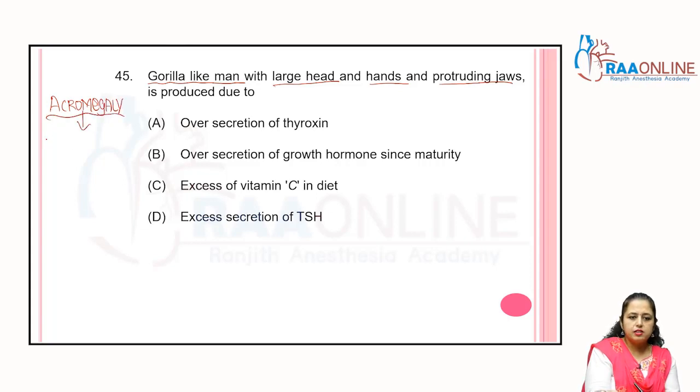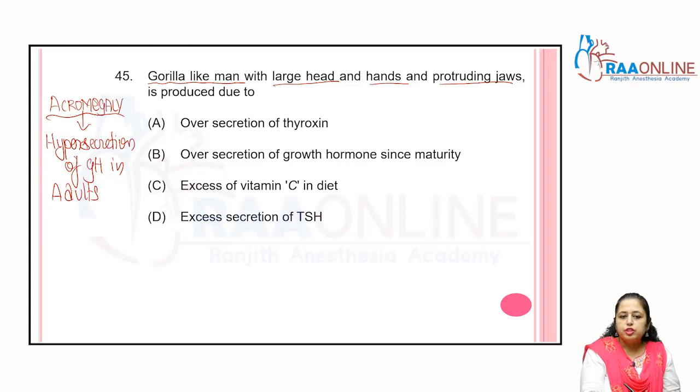And that acromegaly is due to the hypersecretion of growth hormone in adults, right? Clear? So in acromegaly, due to the abnormal secretion of growth hormone in adults, gorilla-like appearance is there, large head and hands, and protruding jaws, which condition is known as the prognathous condition, right? That is, the chin is protruding.